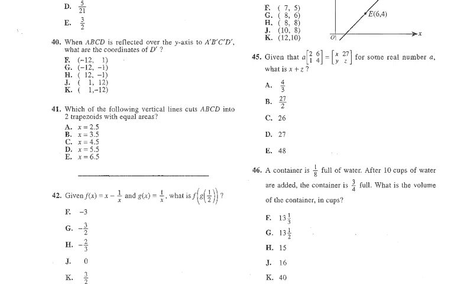For number 45, I can put the A in. That will be 2A, 6A, A, and 4A.